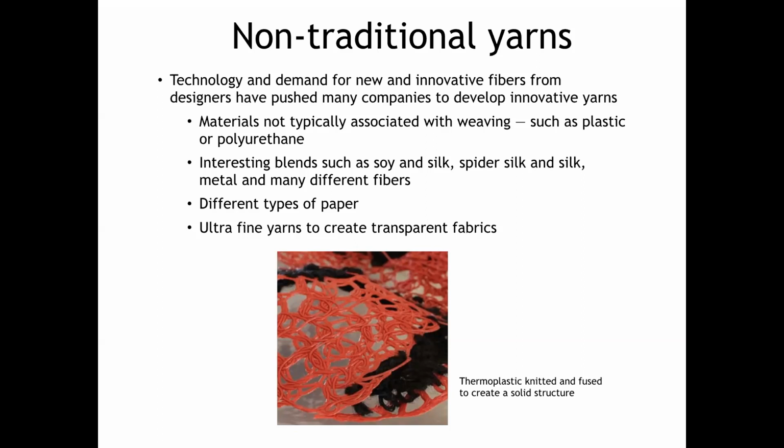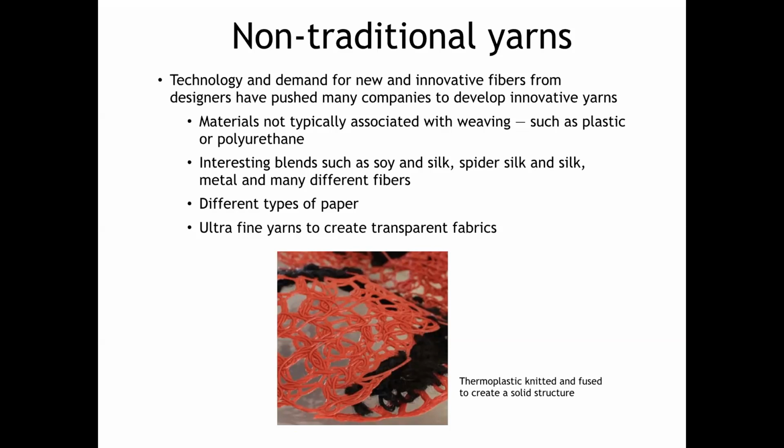But you also have some other interesting yarns that are not necessarily industrial in nature, but they're very interesting blends, such as soy and silk, spider silk and silk, metal and cotton, metal and silk, you name it. And you also have paper. Paper comes out of a very old tradition in Japan. And it is a very interesting material to work with.